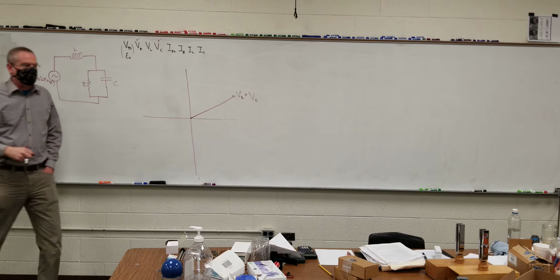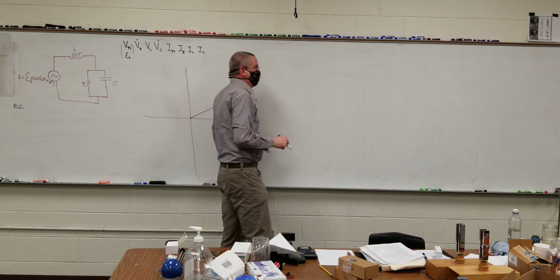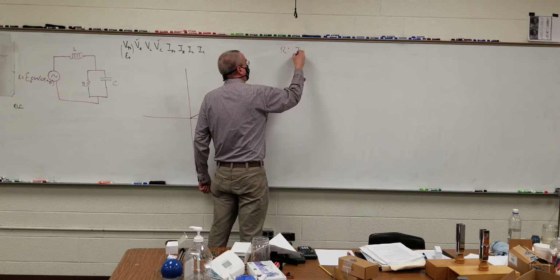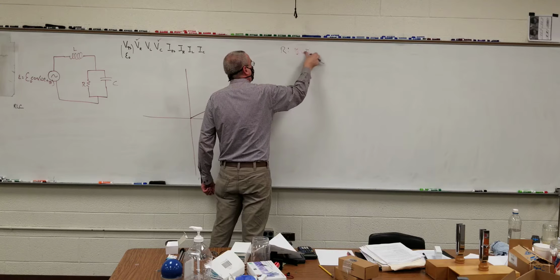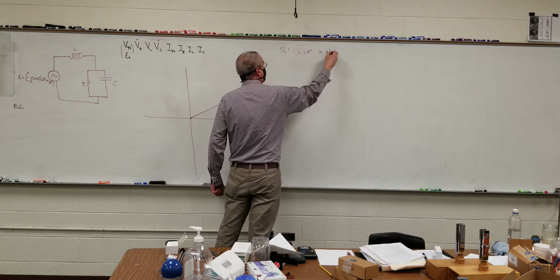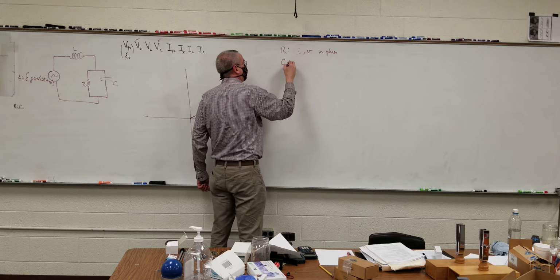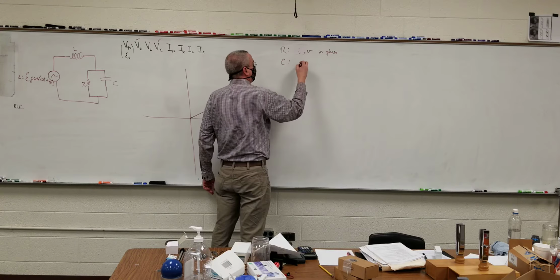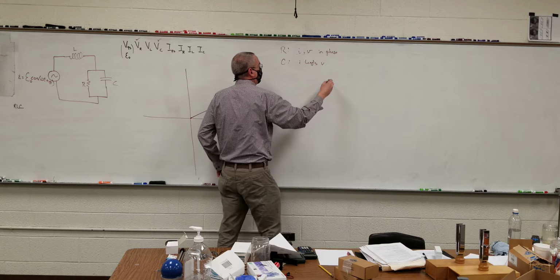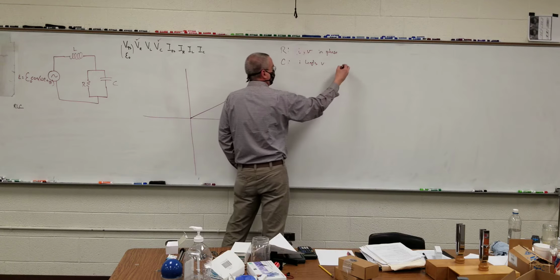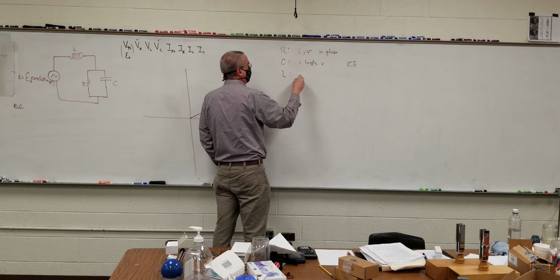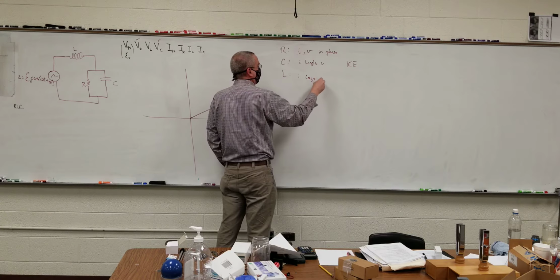And now it comes down to the phasing that I know. For a resistor, current and voltage are in phase. For a capacitor, current leads voltage. That's the ICE. And for an inductor, current lags voltage.